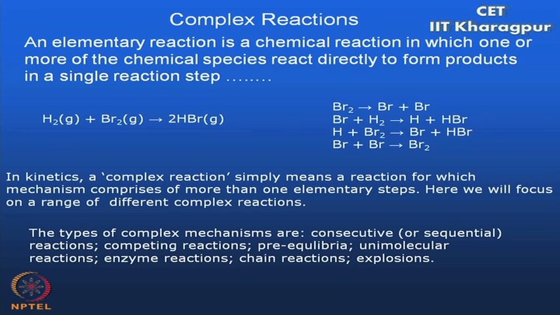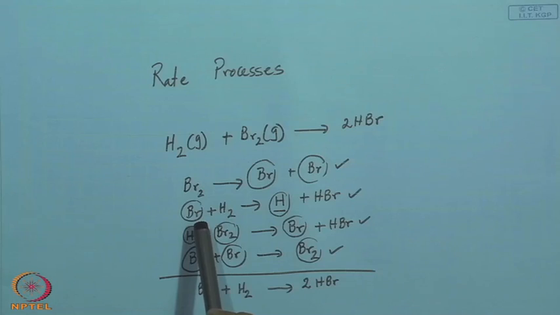Next, it can be a unimolecular reaction. I will come to the point of what is meant by molecularity. It is a bit different from the concept of order, because order is an experimentally derived quantity and molecularity is a theoretical concept based on the number of species involved in an elementary step.